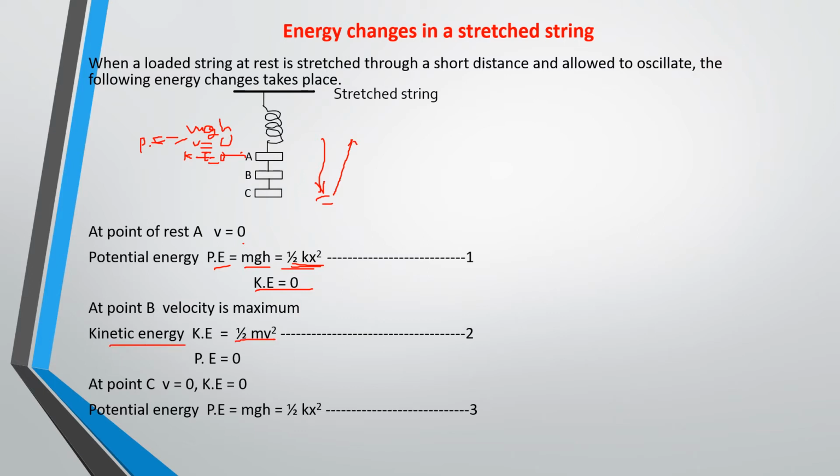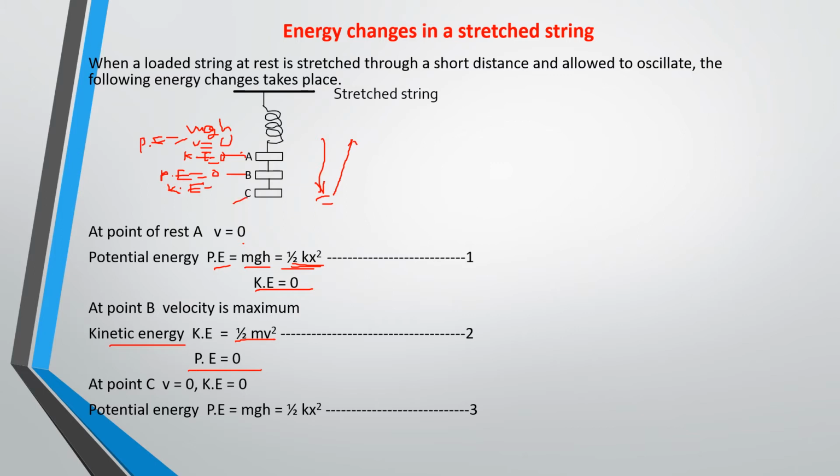So here kinetic energy is equal to half mv squared and potential energy is equal to 0. At point B, potential energy is equal to 0. Kinetic energy is maximum at point B.